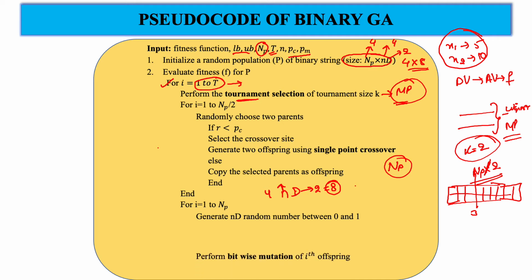Then we need to check if a particular random number is less than the mutation probability. If it's less, then that particular bit we will flip. If it's 1 we will make it 0, and if it's 0 we will make it 1, if my mutation probability is greater than the random number.